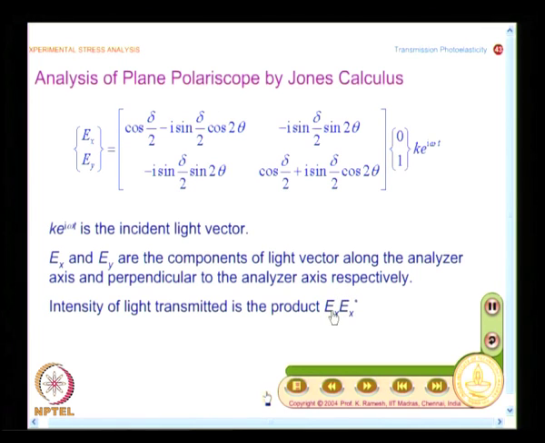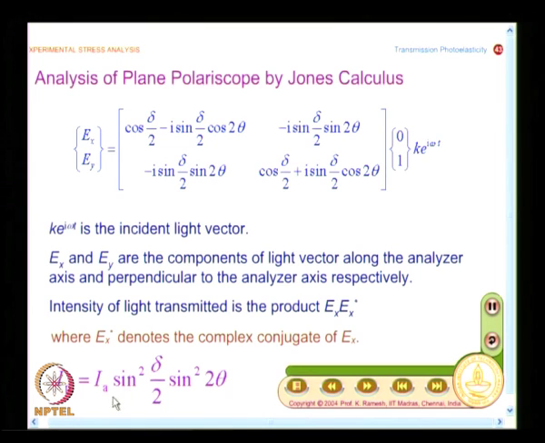And once I know E x, I can easily find out E x star, and this matrix multiplication is very simple, and I get the expression for light simply as I a sin square delta by 2 sin square 2 theta, which is the same as what you have got by trigonometric resolution, absolutely no change.